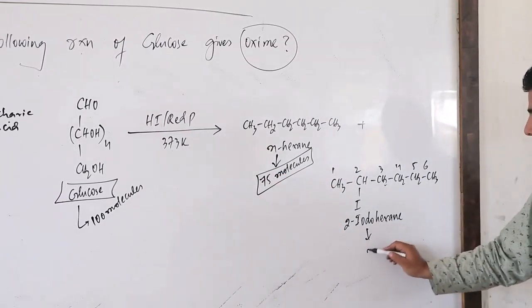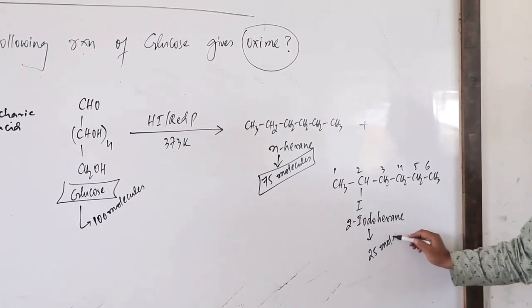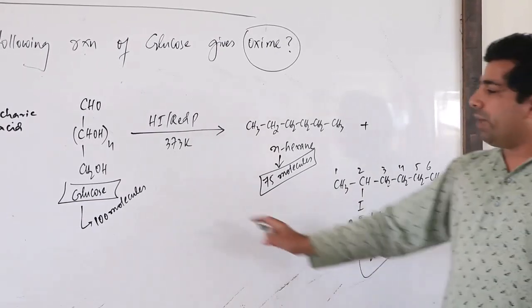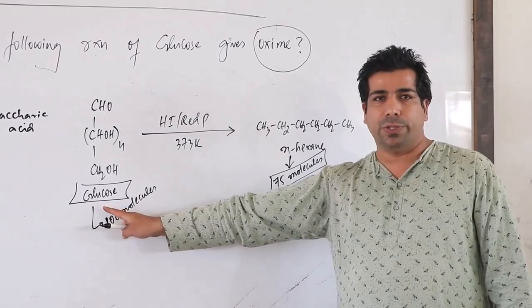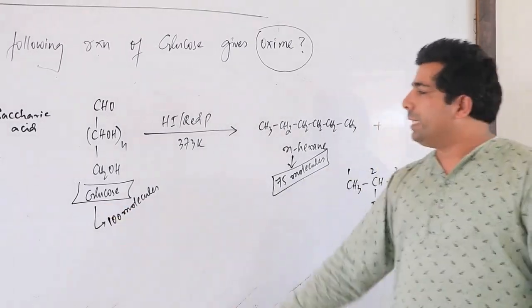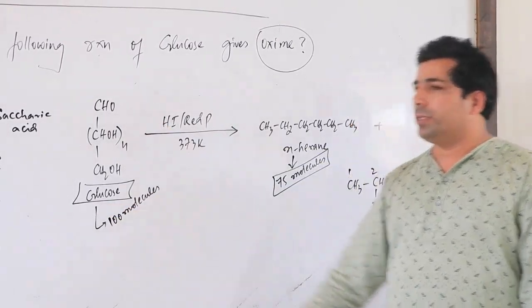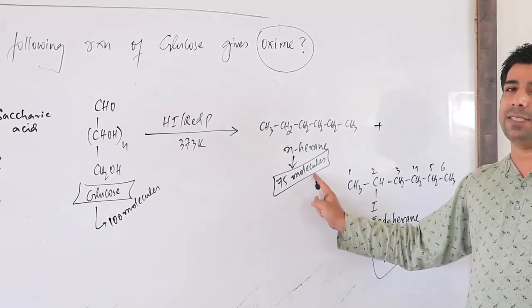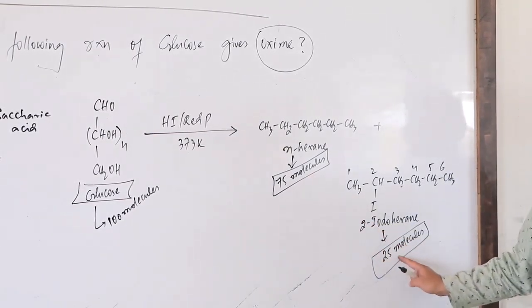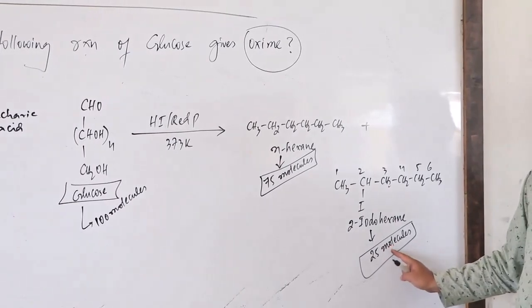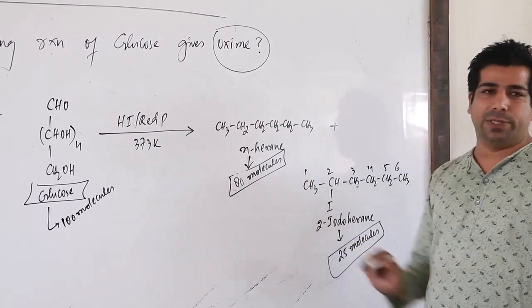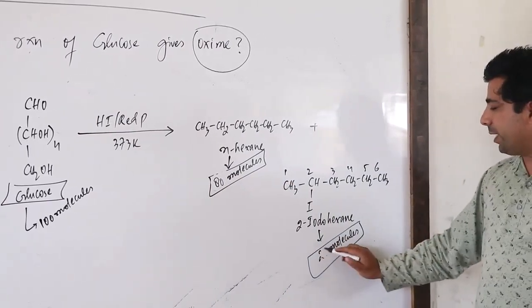So 100 molecules of glucose will give you 75 molecules of n-hexane and 25 molecules of 2-iodohexane. But if this is 80 molecules, then obviously this will become 20.